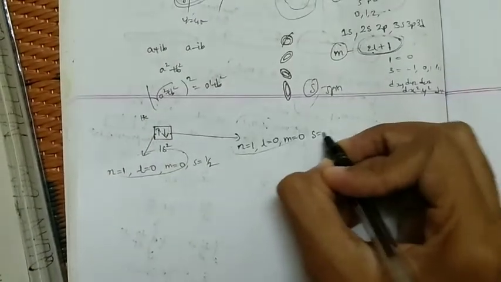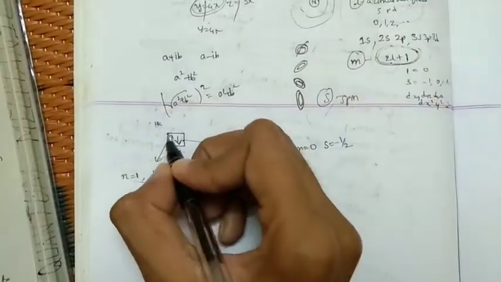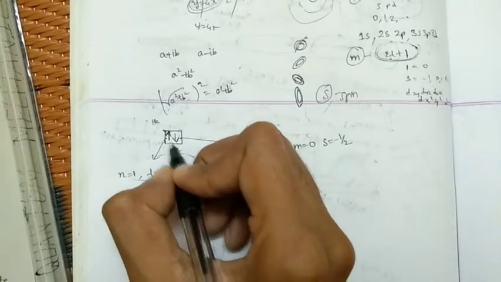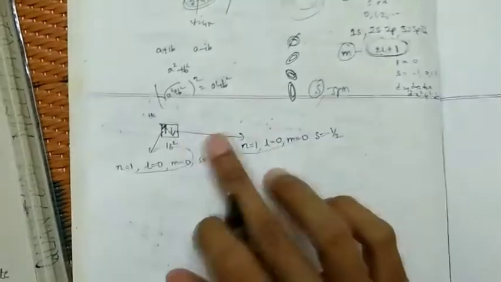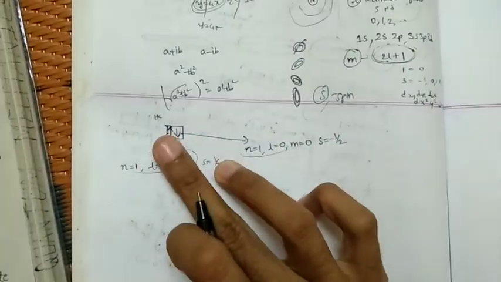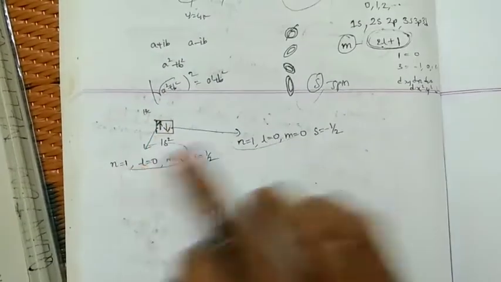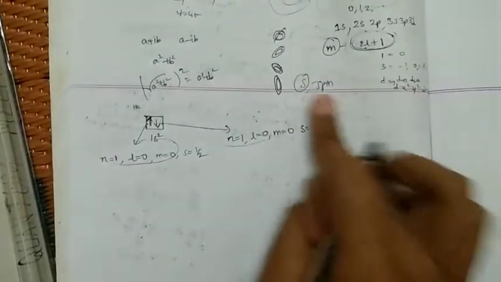Hence its spin is minus half. If we want to fill with 2 electrons, one would be pointing up and another pointing down. One has plus half spin, the other minus half spin, because both electrons have all these 3 quantum numbers the same. They must differ in one quantum number, and that is the spin quantum number here.